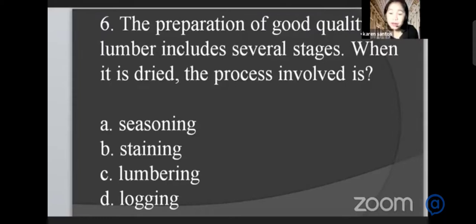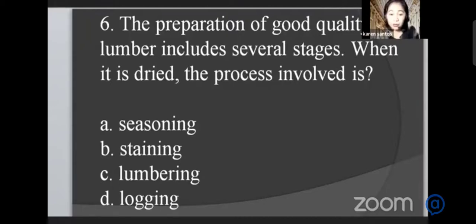Okay, so the correct answer is letter A. A for seasoning. So it is the process by which the moisture content in the timber is reduced to the required level. So by reducing the moisture content, the strength, elasticity, durability and the properties are developed.